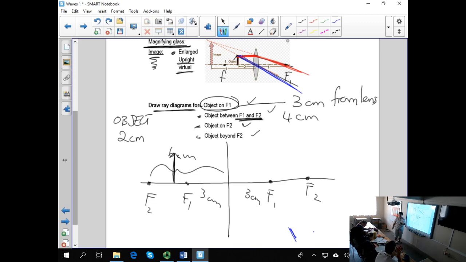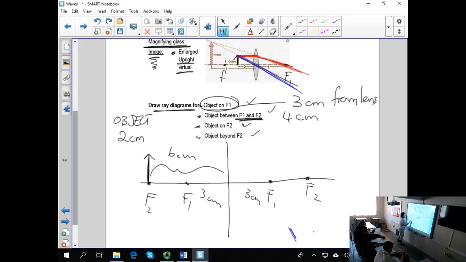Draw them in different colors of line. Are you with me? Then the next one, object on F2. In other words, my object will be 6 centimeters from the lens, 2 centimeters high. You draw the rays, you find the image.